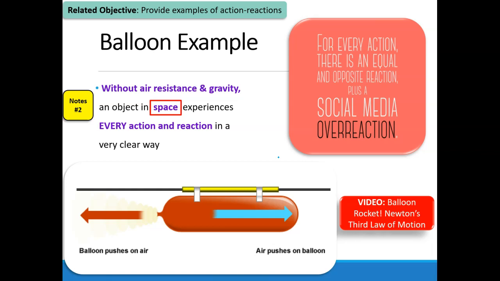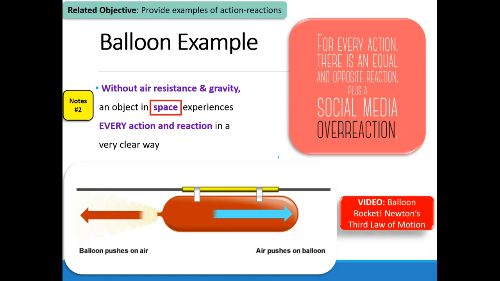So we do have air resistance, we do have gravity, we do have friction. So for example, when we push on something, we don't always experience the opposite reaction of being pushed back by that object because there's friction that's actually keeping us on the ground, and friction is an extra factor that changes our experience. But in outer space, we would really experience every action reaction in a very obvious way.